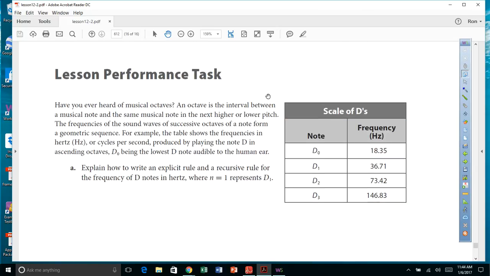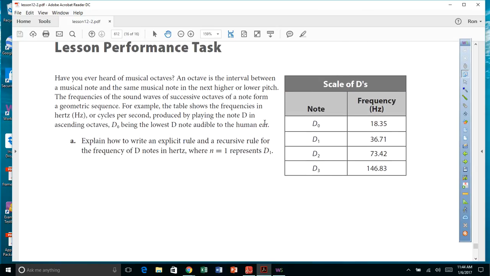18. Lesson performance tests. These are always fun. Have you ever heard of musical octaves? An octave is an interval between a music note and the same music note in the next higher or lower pitch. The frequencies of sound waves of successive octaves of a note form a geometric sequence.